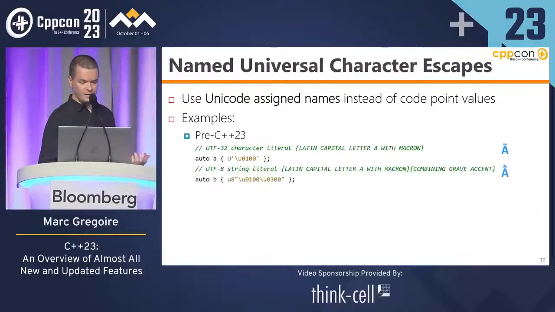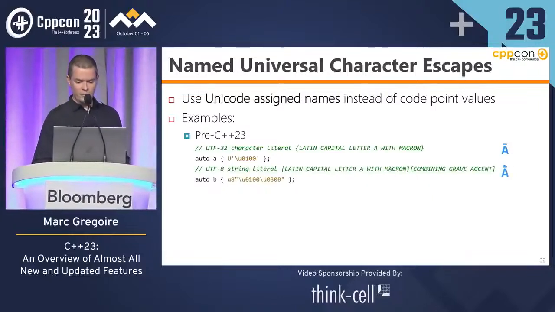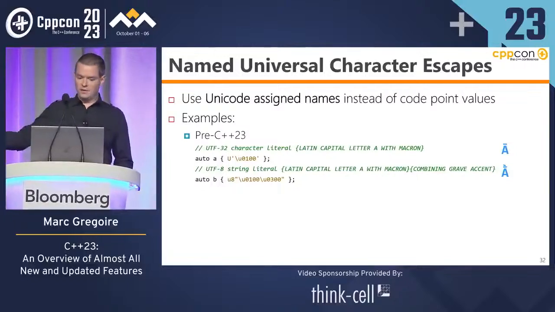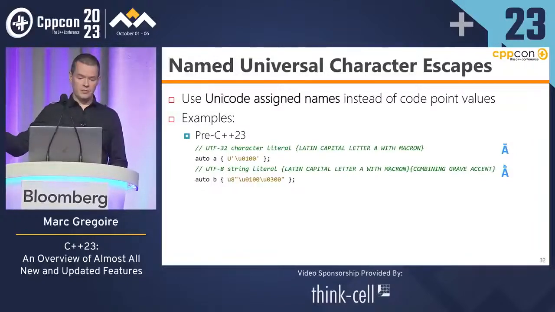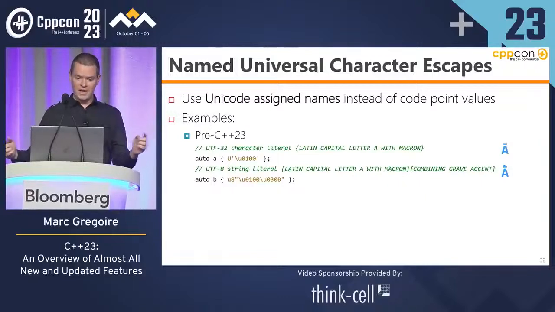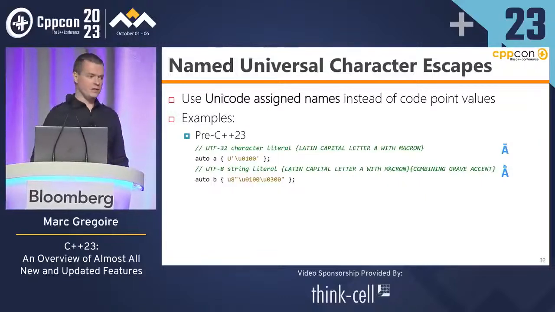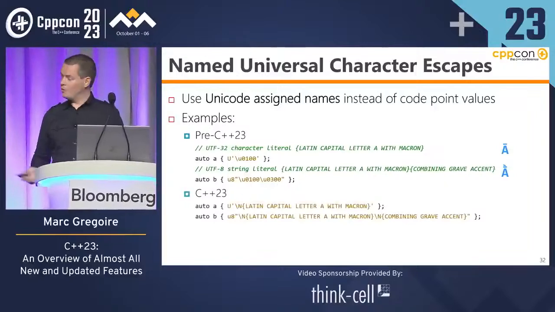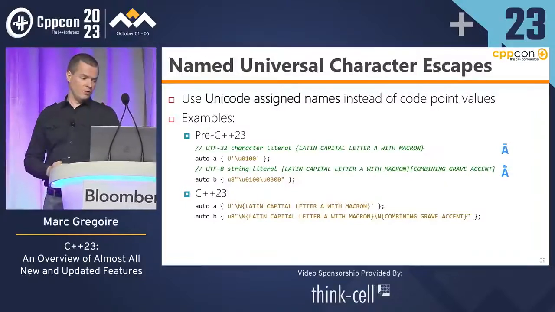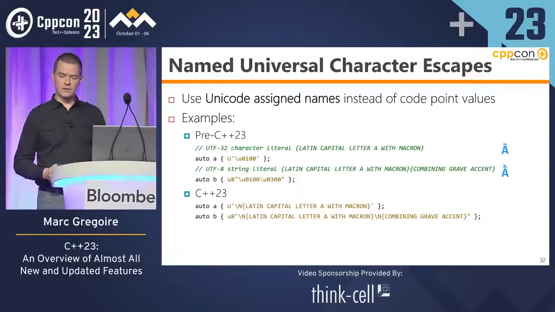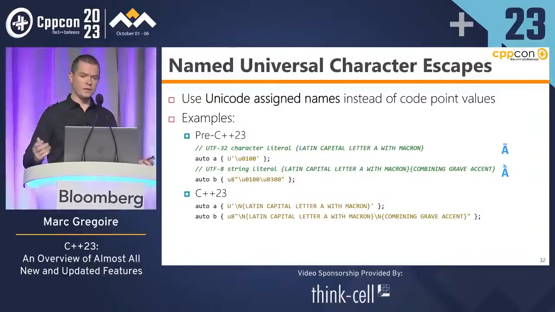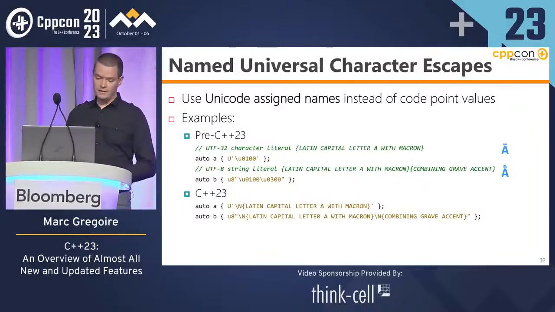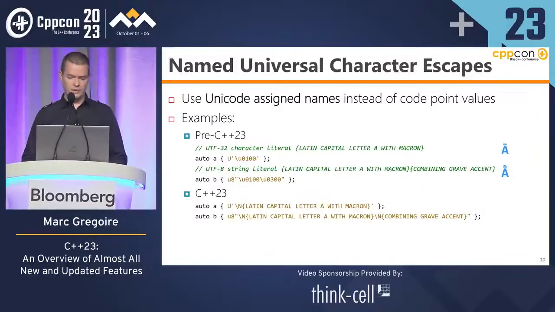I have a Latin capital letter A with macron, and I'm combining it with an accent. If I write something like this line initializing B in code, I will always add a comment explaining what I'm writing there. So now in C++23, you don't have to do that anymore. You can directly put the officially Unicode assigned names inside your string literals or character literals like this. So no need anymore to add redundant comments.